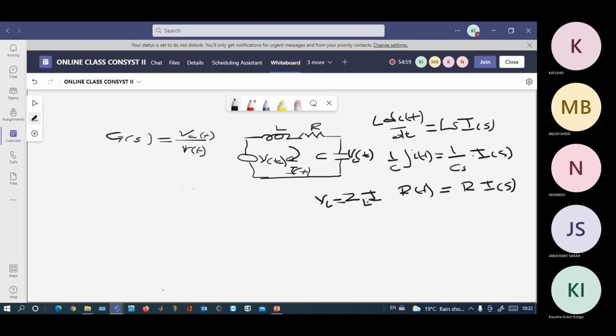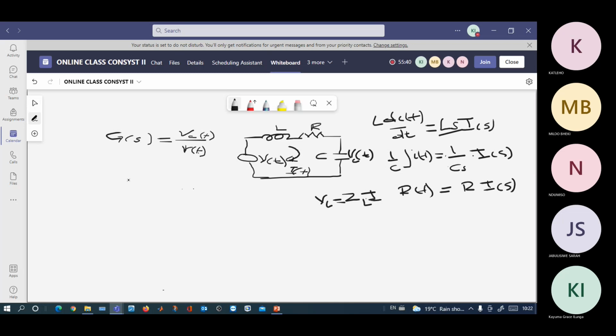Now from this one, because we have the currents here, this one can be called our impedance. So this LS will be the impedance of the inductor, you can call this 1 over CS the impedance of the capacitor, and this R is called the impedance of the resistor. Following the impedance law, it's going to be easy for us to solve this problem.